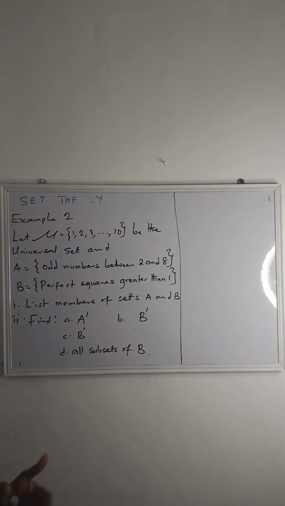Now, before we solve this question, let's quickly remind ourselves some basic things we are supposed to know to answer this question. The first thing is the universal set. The universal set is a bigger set that contains all sets under consideration. Let me give you an instance.